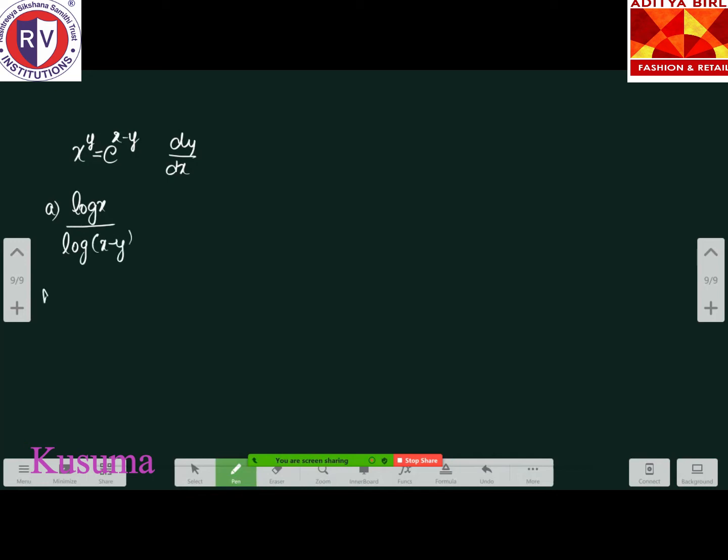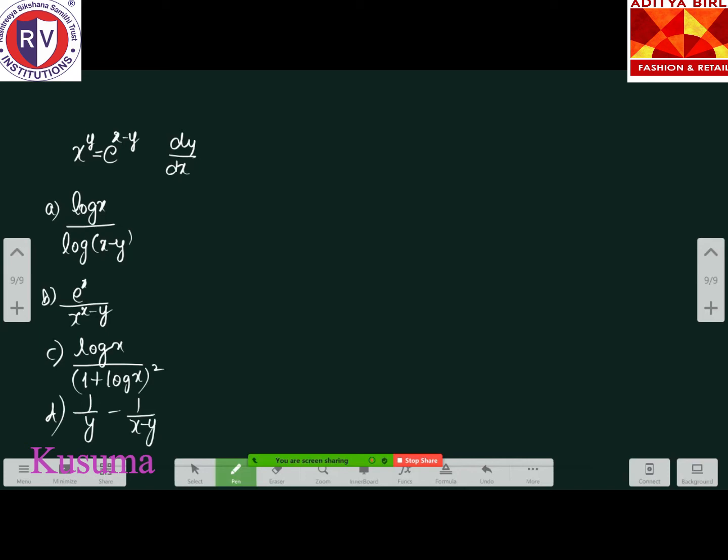Option B, e to the power of x divided by x to the power of x minus y. Option C, log x divided by 1 plus log x whole square. Option D, 1 by y minus 1 by x minus y.